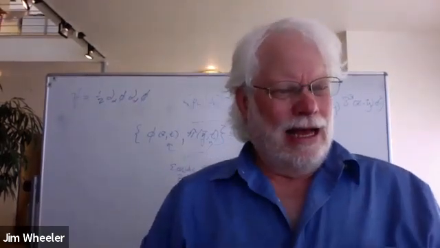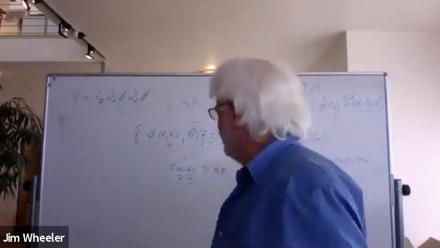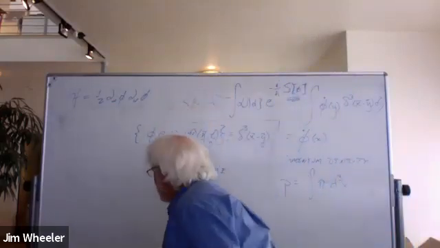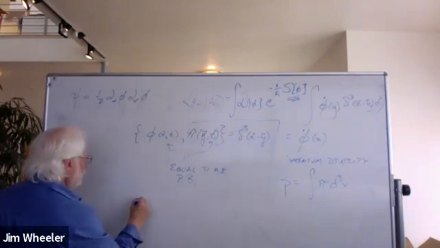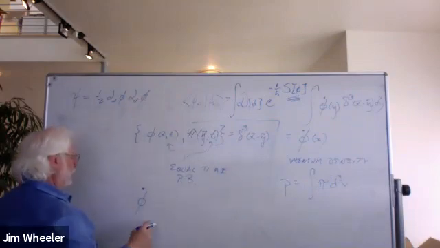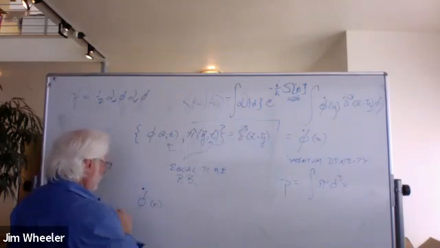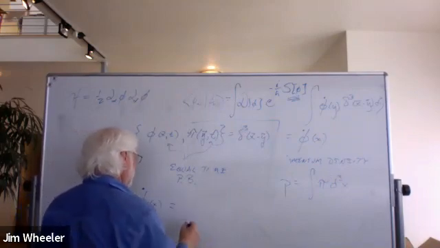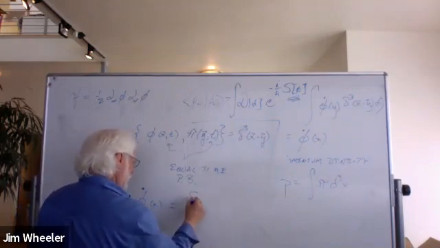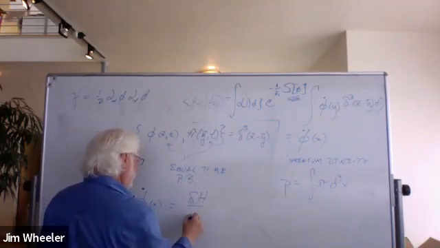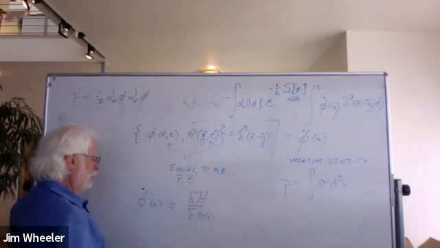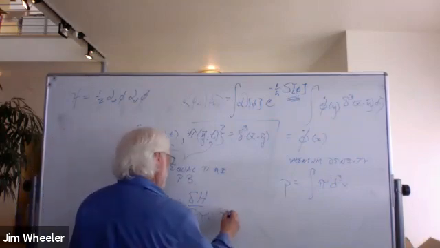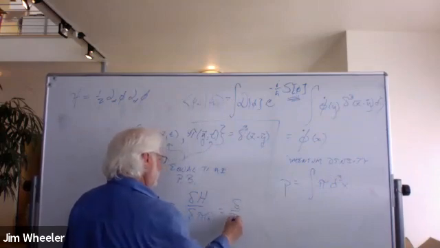Now, Hamilton's equations. The time rate of change of phi is given by, well, what is it? It's probably the functional derivative of the Hamiltonian with respect to pi of x. And that ought to be a functional derivative.